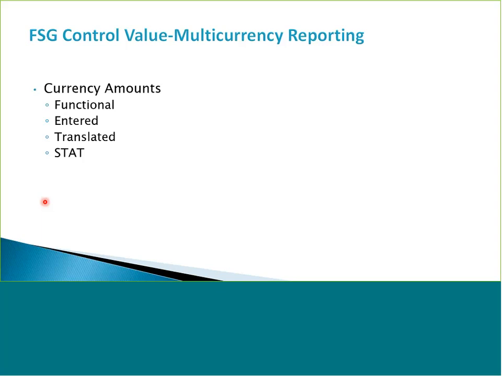They are entered in the functional currency of our ledger, which is US dollars. However, we do need to look at how the FSG control value can be used to enter these other currency amounts, the entered amounts, the translated, and the start. Now, of course, we should already be familiar with each of these, and you can tell by the names what these currency amounts mean, but we are going to look at each of them.